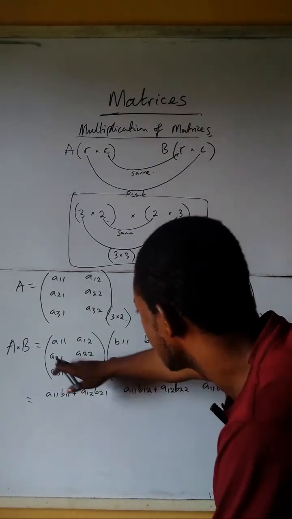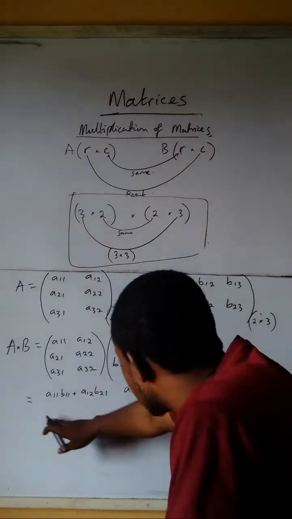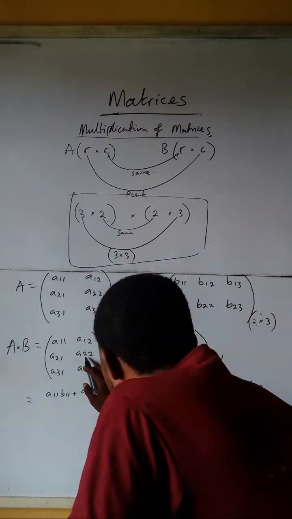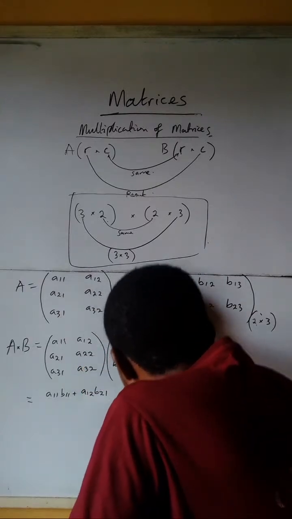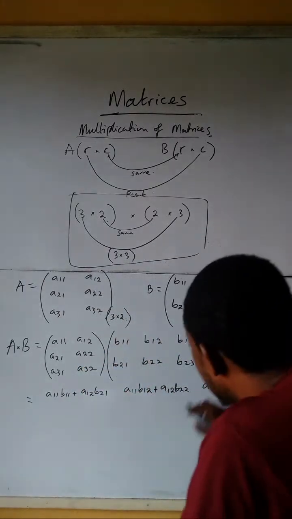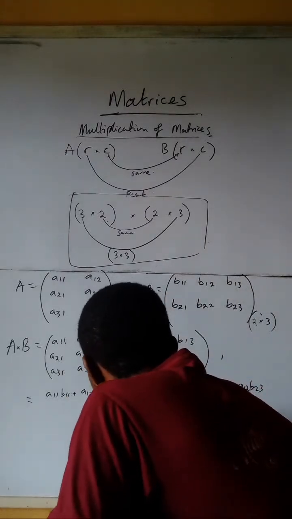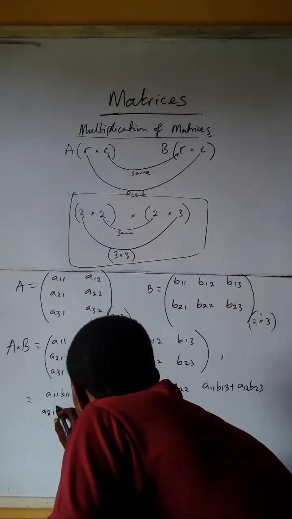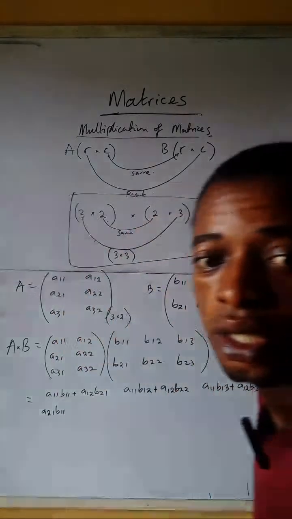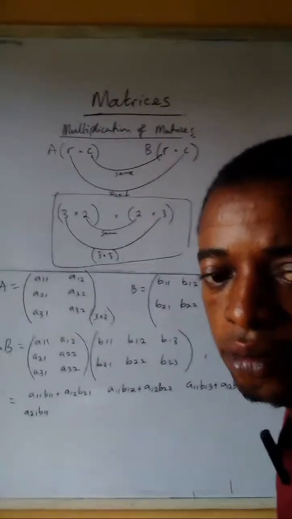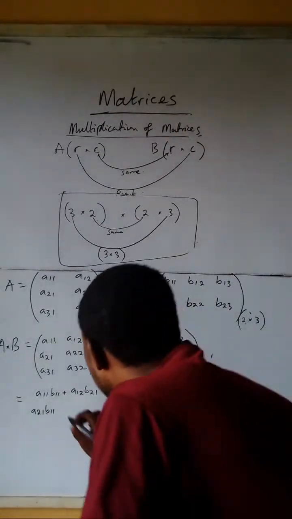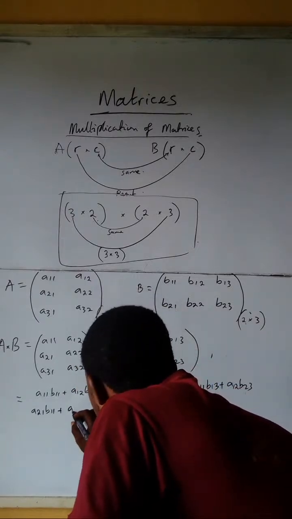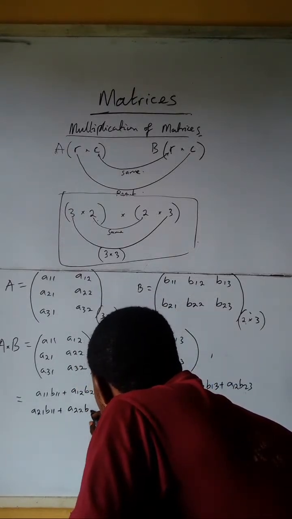So we repeat the same thing for the second row and we write it on the second row here. So this second row, which is A21, A22, we multiply the 3 columns here. That is the first one, A21 times B11, plus A22 times B21.